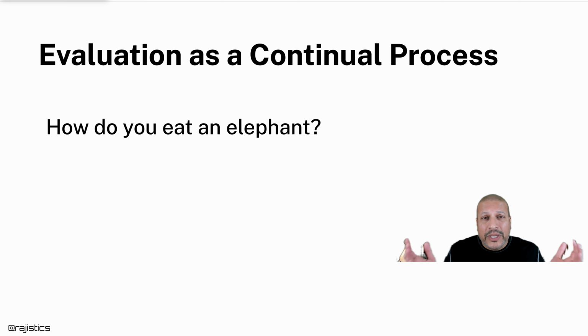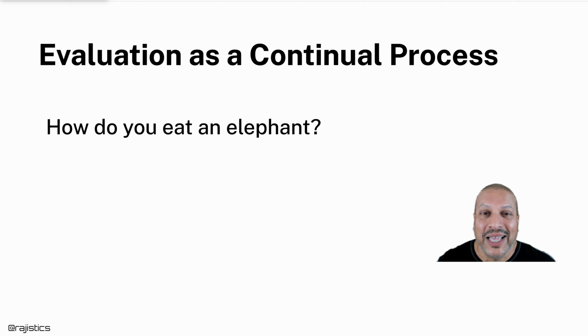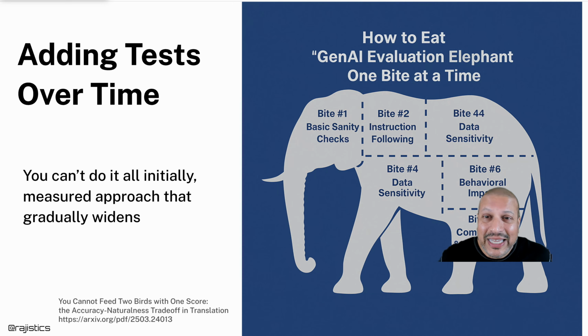Relatedly, these GenAI applications are big, there's a lot to them. And so one of my favorite quotes when we're dealing with these huge, overwhelming tasks is, how do you eat an elephant? You eat it one bite at a time. Same thing for GenAI. The first time through, you're just basically seeing, does my app work or not? Not trying to catch every edge case.